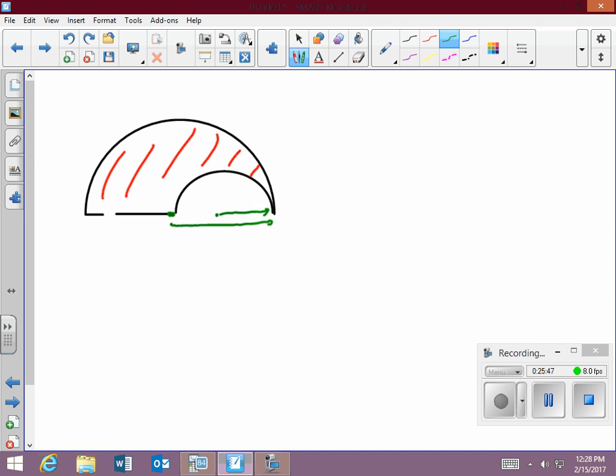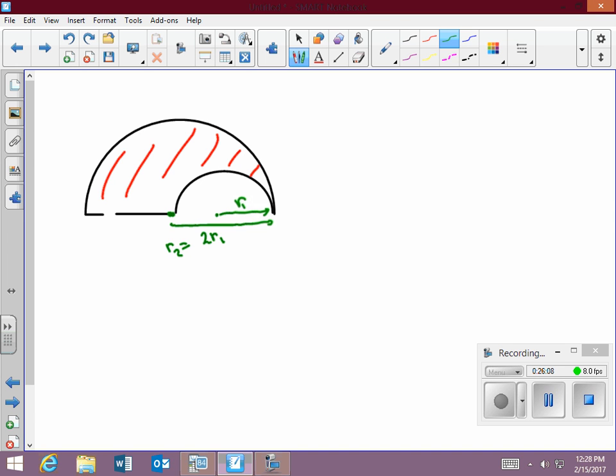So that's the relationship you have. If this is R1, this is 2R1, then R2 equals 2R1. Okay, that's all they're giving us.